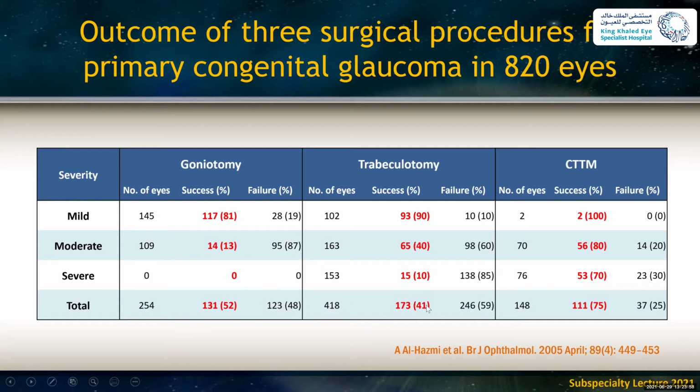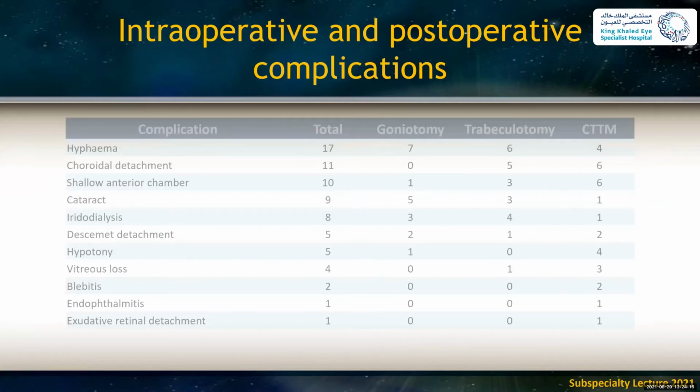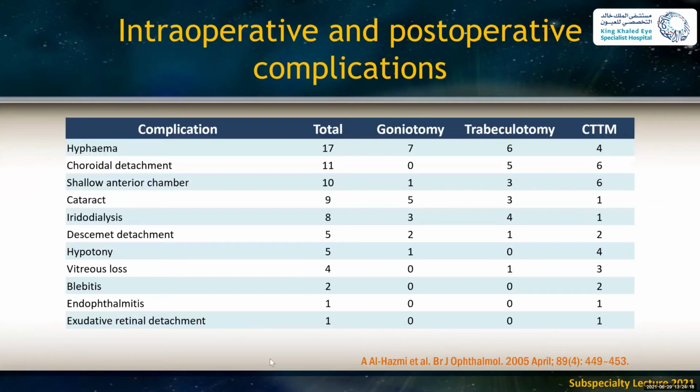It is still poor in trabeculotomy, giving the best results with the combined procedure, 75% as our overall success rate. So this study is very good. You need to read the article. It's very beautiful.